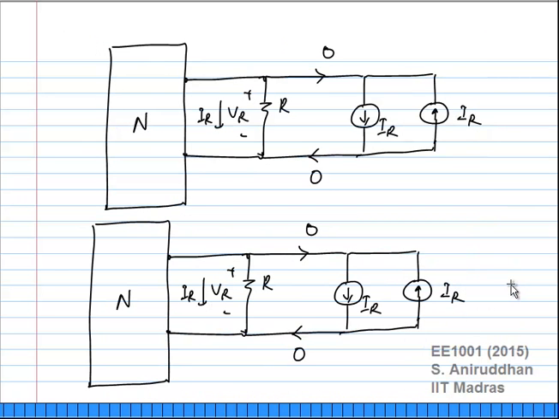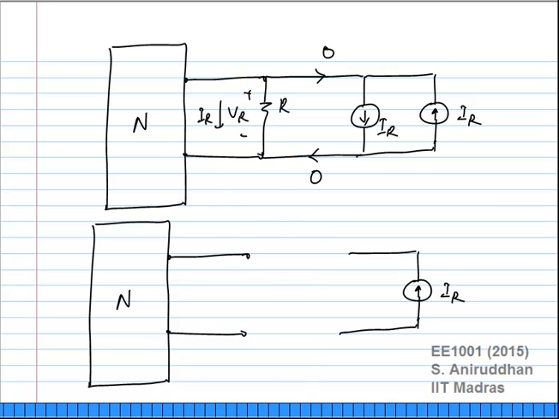Okay, so suppose I take this and I'm just going to redraw it in this manner. Okay, can you tell me what the current here is now? I've just redrawn the same circuit.